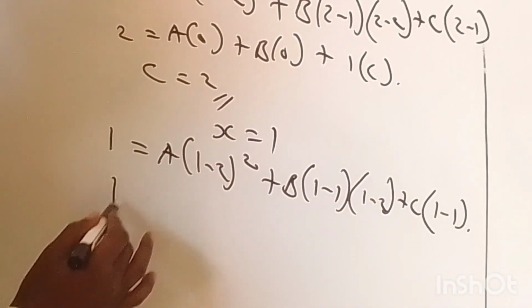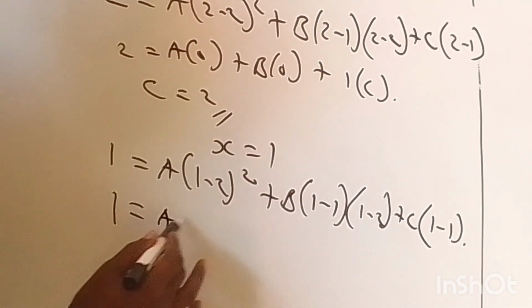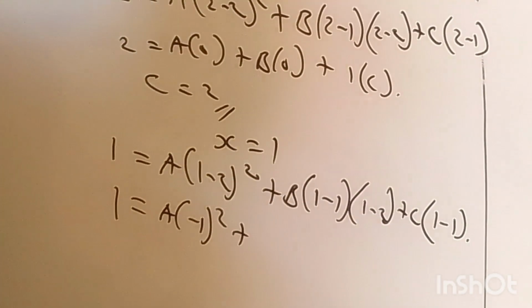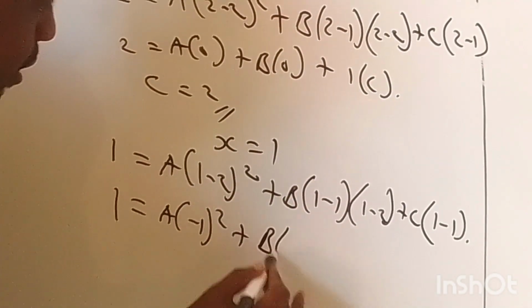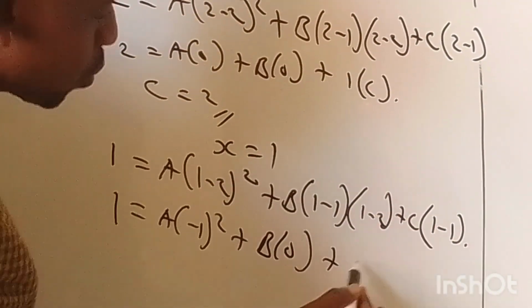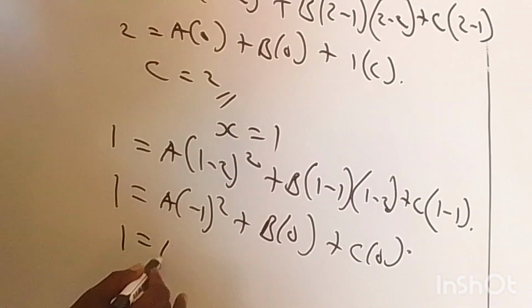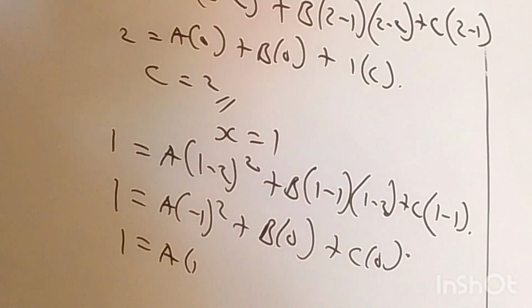So we have 1 is equal to A times (negative 1) squared, plus B times 0 because 1 minus 1 is 0, plus this is also 0. So 1 is equal to A, and 1 squared is 1.